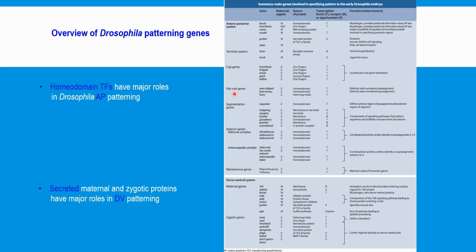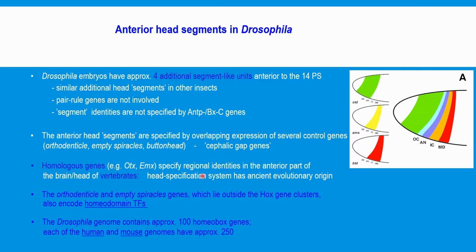We talked about some of the pair rule genes and the segmentation genes, and then we got down to the selector genes, setting up the final pattern. That's a lot. And then we also talked about the genes involved in dorsoventral patterning. So we have gone deep enough, without starting to look at this new round of transcription factors and their targets.